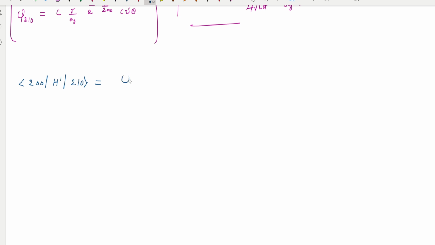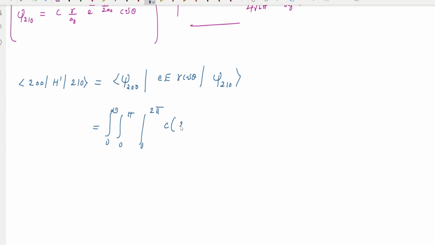This situation has the wave function psi 200, then e r cos theta, then the wave function psi 210, with the integral from 0 to infinity, the integral from 0 to pi, and the integral from 0 to 2 pi.